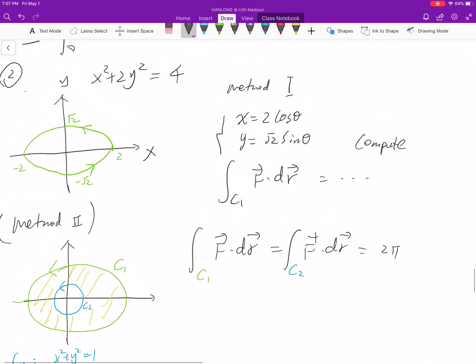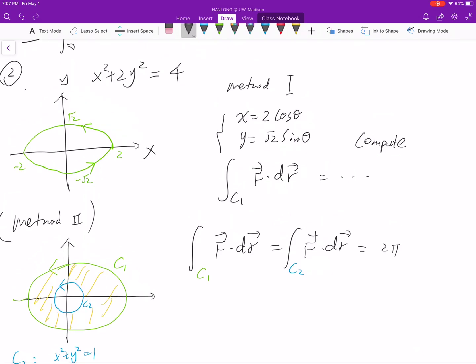And if you don't know that, you can still do the calculation, but you need to be very persistent. You can try the first method here. It involves arctangent stuff. It's a good exercise. Okay, I will stop here, and good luck. If you have questions, please email me, and we can make an appointment if you want.